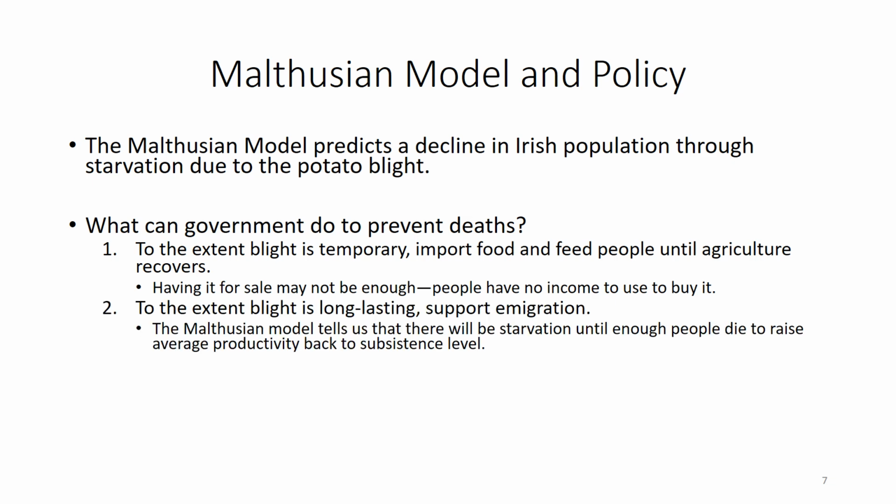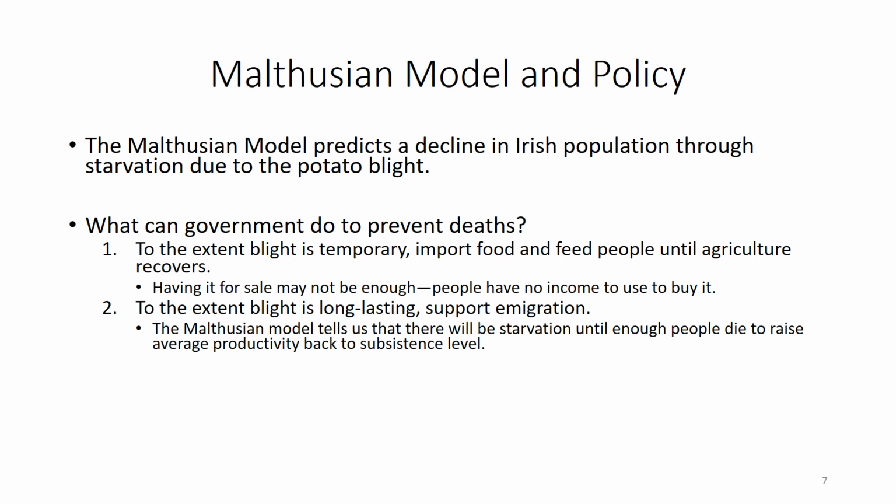To the extent that the blight is going to be long-lasting or even permanent, the Malthusian model tells us that under a permanent reduction in the productivity of agriculture, the population that can be supported at a minimal level on the land of Ireland has fallen.